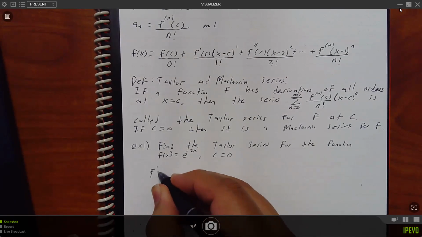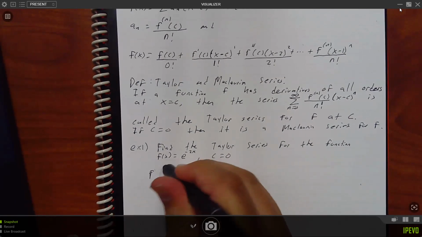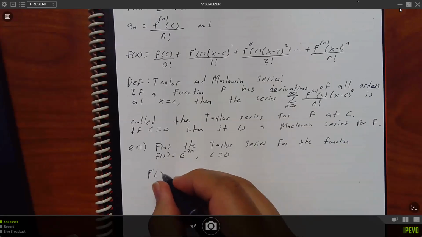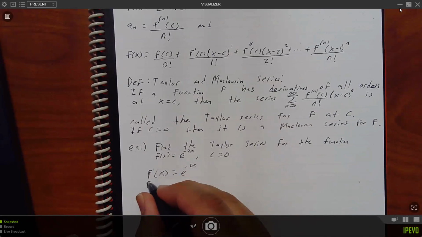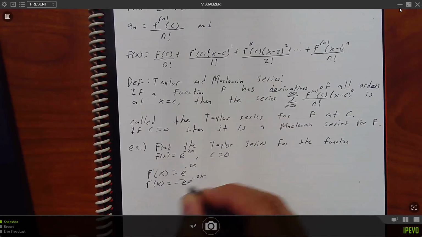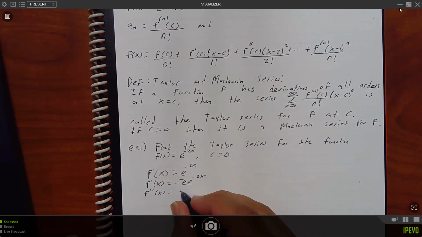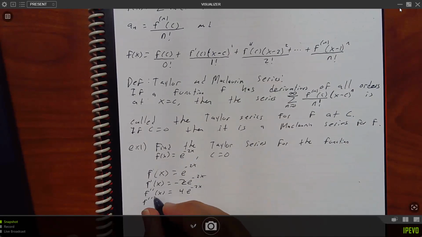So zero derivative. First derivative. Second derivative. Triple derivative.